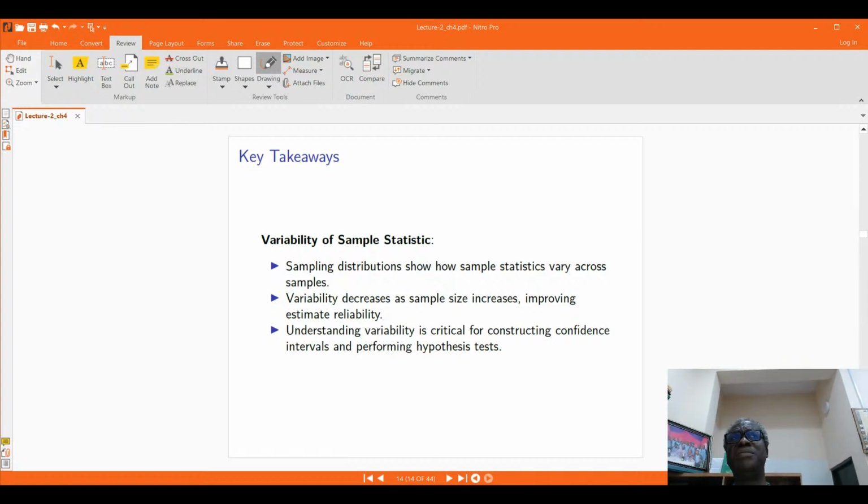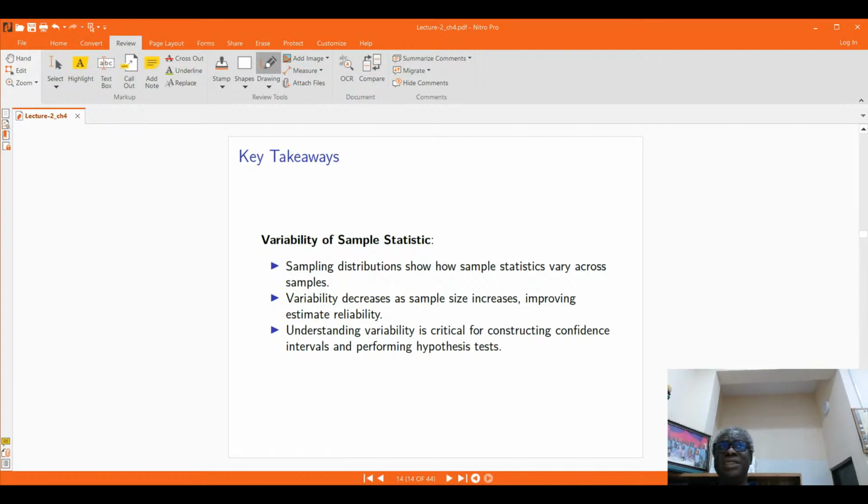People can go to the same population and draw their samples, or you can draw several samples from a population. Then the statistic that you compute from that sample will differ from sample to sample. That's something you should never forget.